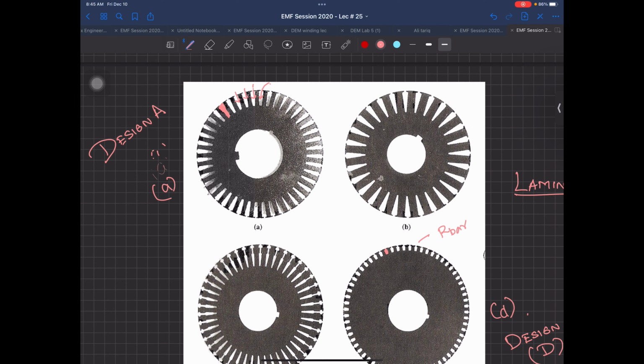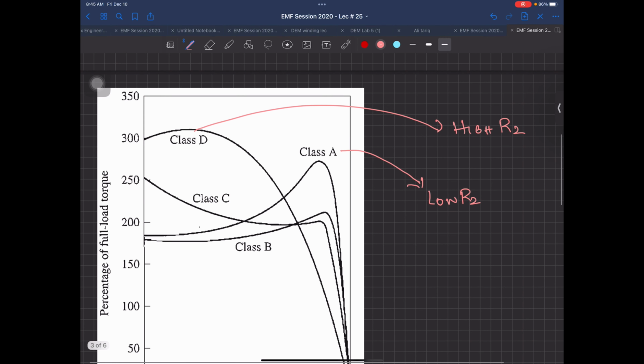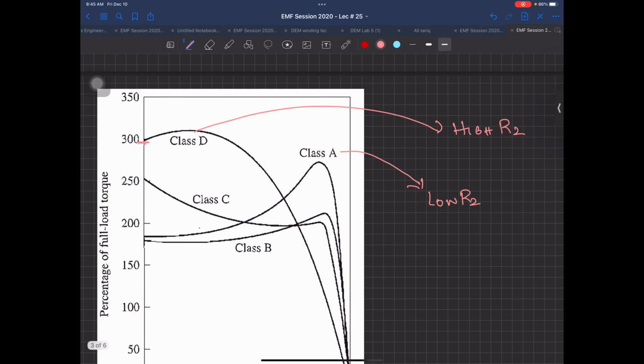If I call R bar the resistance of one bar, and you compare the R bar of this one and this one, which one will be higher? D's will be higher, of course, because here they are only accustomed to the initial one, so they are only in a very small region. So R bar of this one is certainly larger than this one, and we all know if R bar is large, you are going to have a high starting torque.